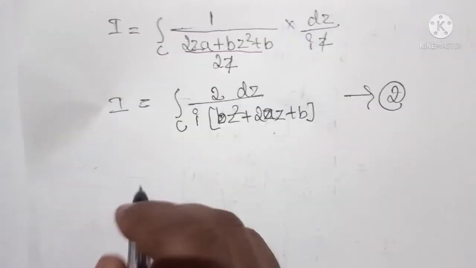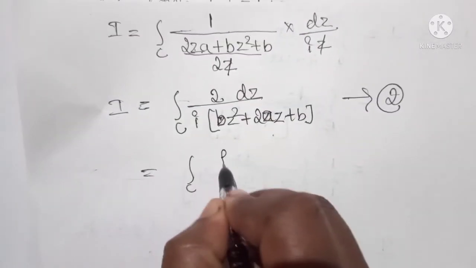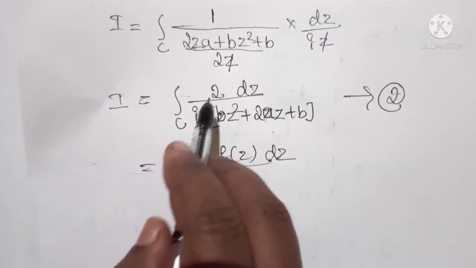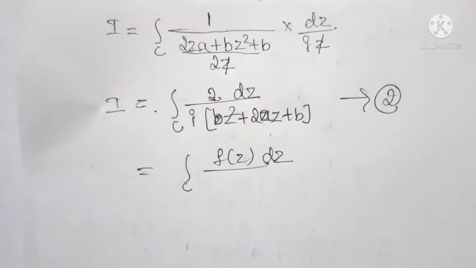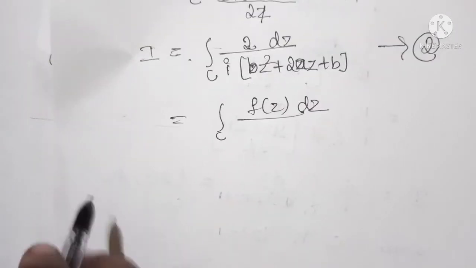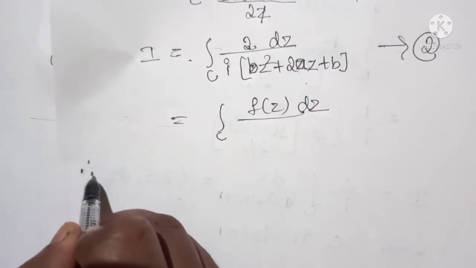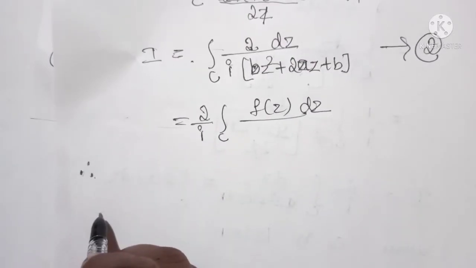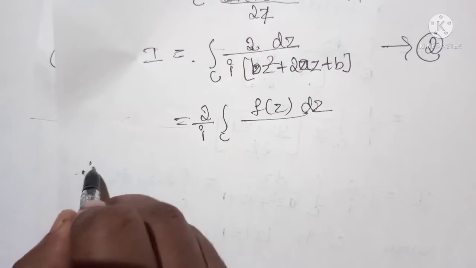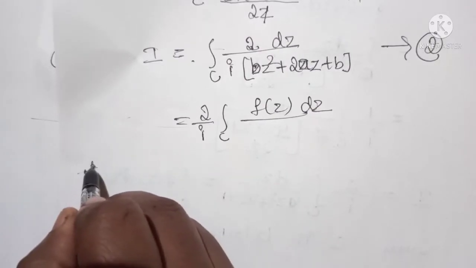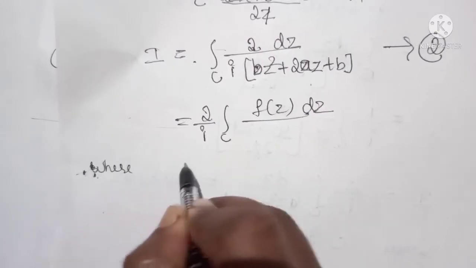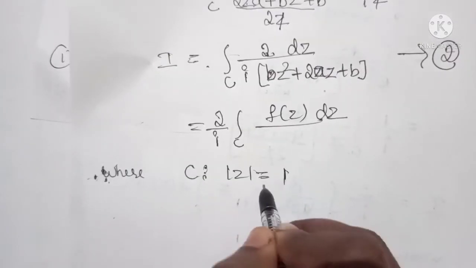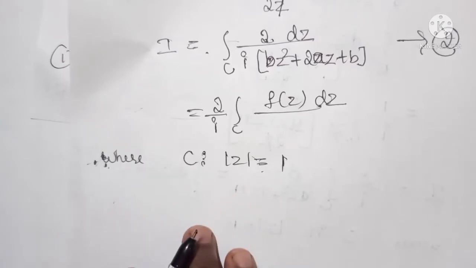Now it is in the form of integral C f of z dz. You can take this 2 by i outside, where C is the unit circle, mod z equals 1.